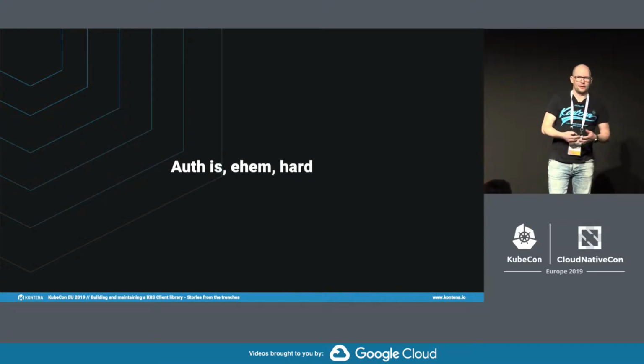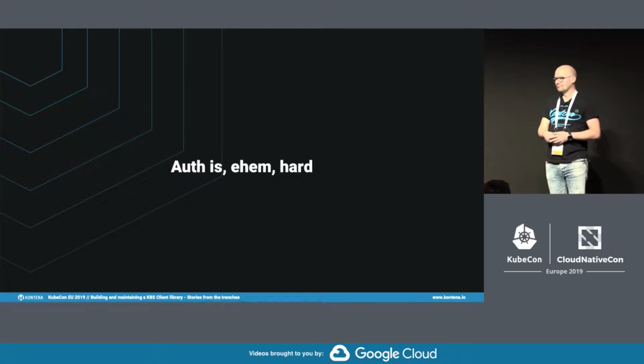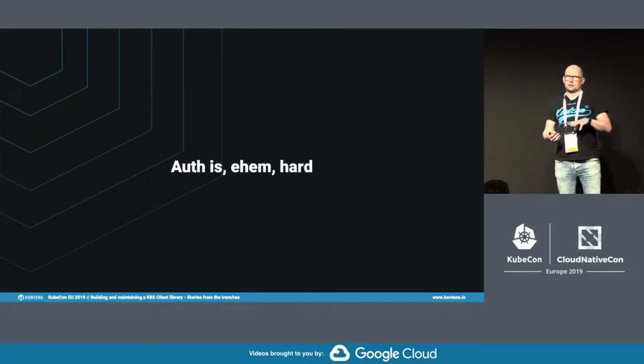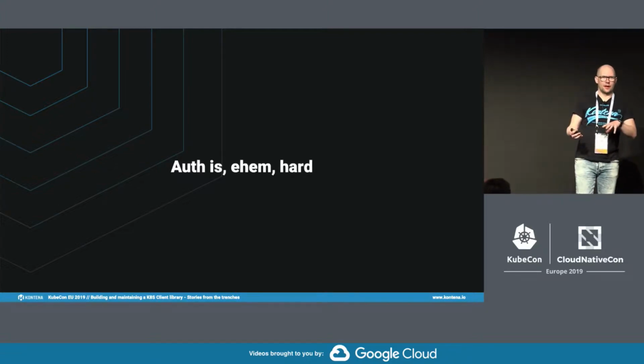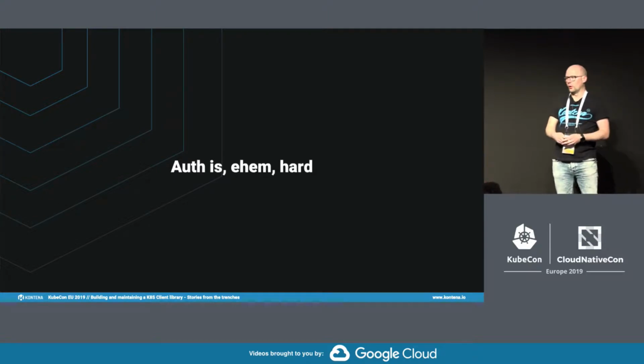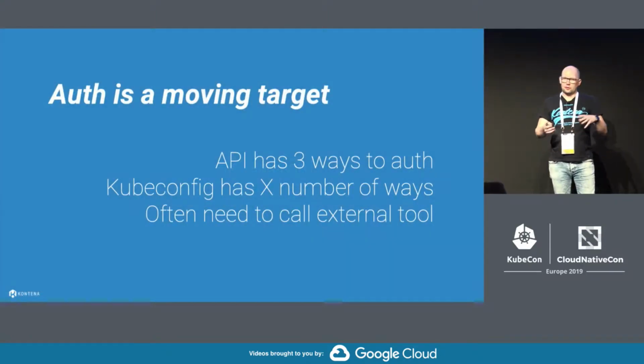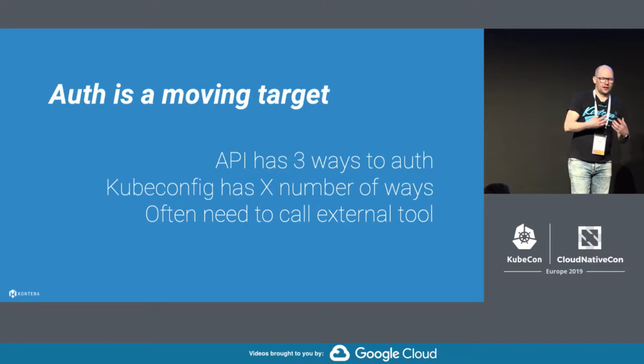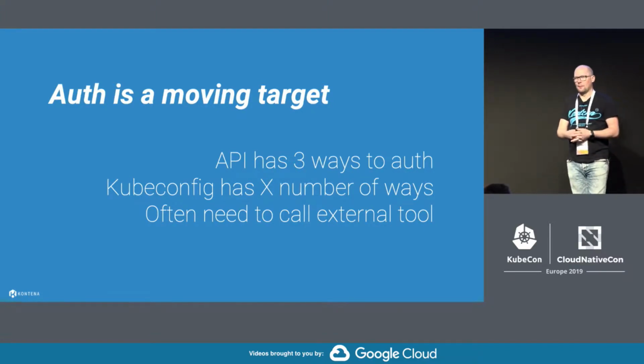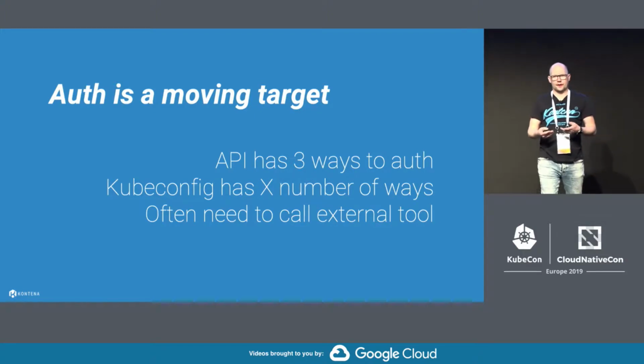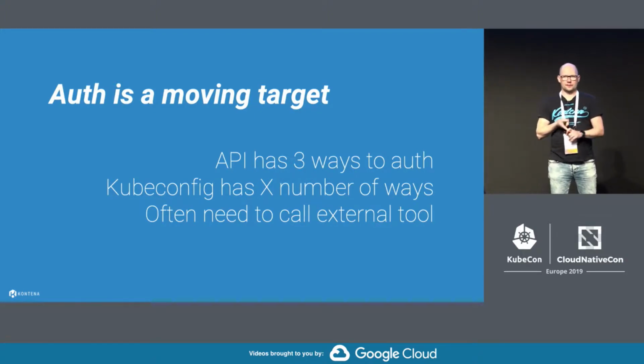Authentication, the first step in the request processing, is, from the API server point of view, pretty straightforward. From the client point of view, it's actually not. On the API side, there are basically three ways you can authenticate: client certificates, tokens, or HTTP plain authentication.